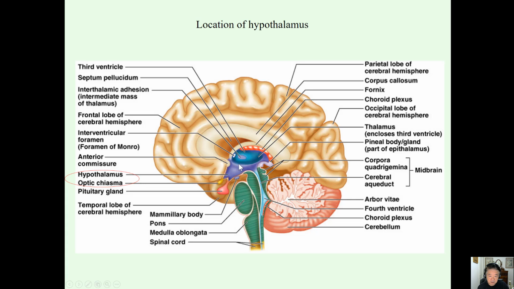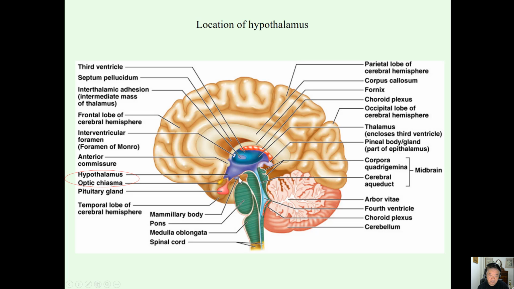The hypothalamus is located under the thalamus. That's why it is given the name hypothalamus. At the anterior border, you can see the anterior commissure and the optic nerve. Right in the middle, you have the optic chiasma, and underneath, you have your pituitary gland.